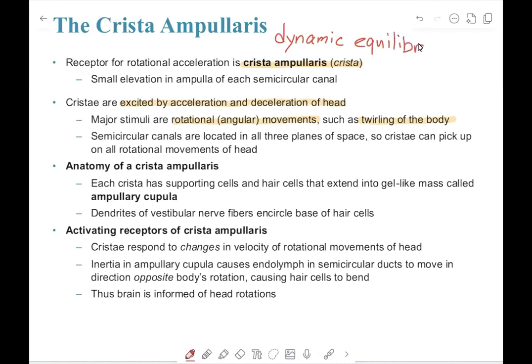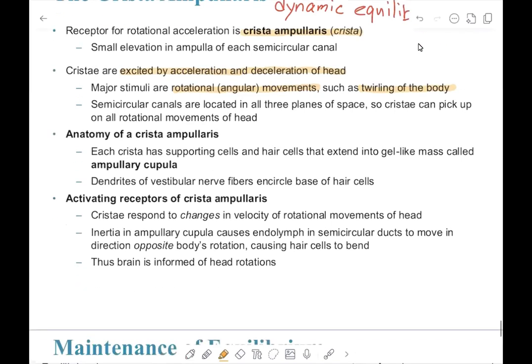And on the previous slide for the maculae, that would be static equilibrium. So again, there's going to be sort of the same functions with similar jelly-like mass, and those are going to be activated for rotational movement.